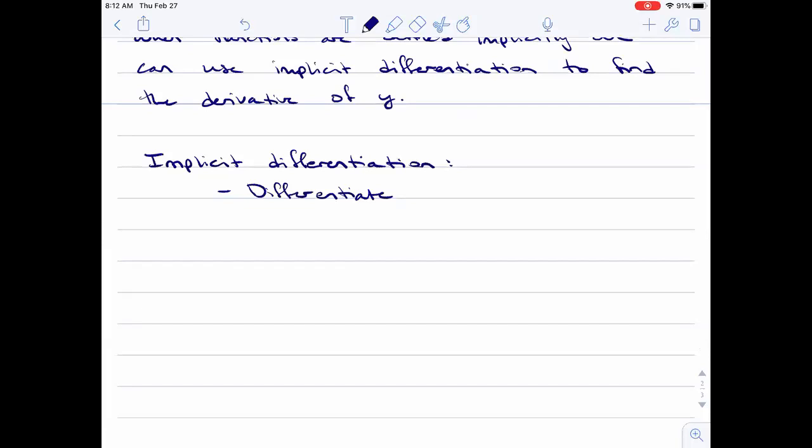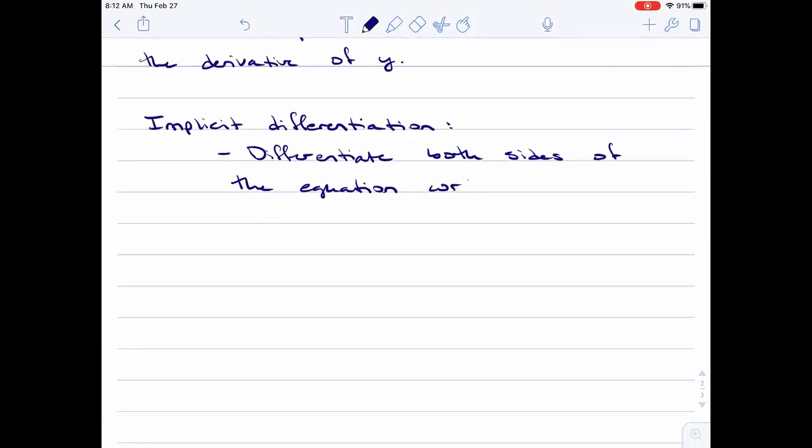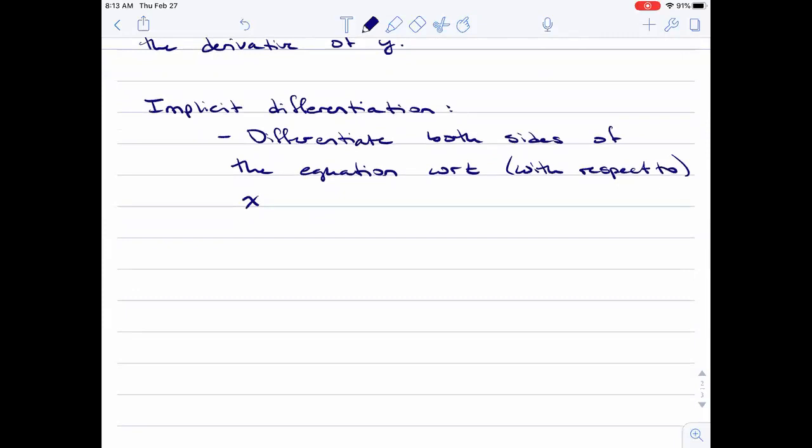So differentiate both sides of the equation with respect to, WRT, which I'll use a lot, with respect to x. And that's our first step.